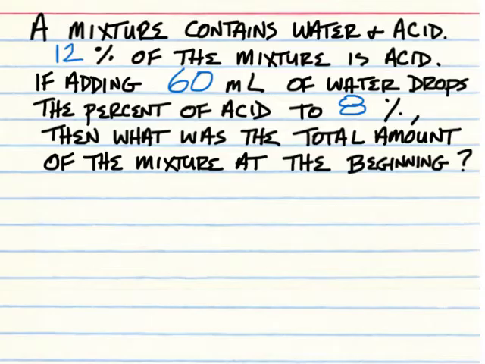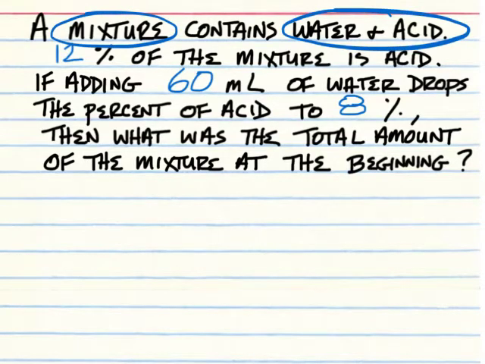Example number 2. A mixture contains water and acid. 12% of the mixture is acid. If adding 60 milliliters of water drops the percent of acid to 8%, then what was the total amount of the mixture at the beginning? So remember, you don't know what the mixture is of water and acid.